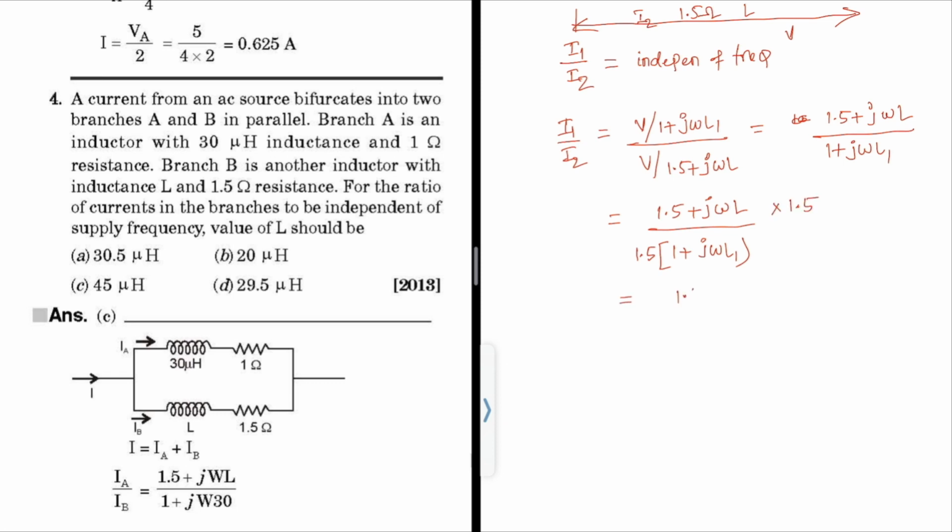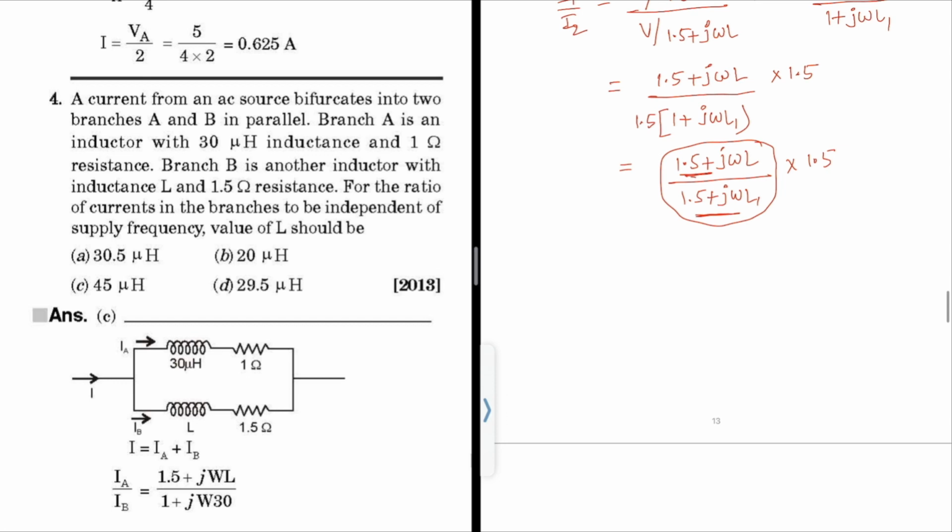If you observe the numerator and denominator, if both cancel, the ratio I1 by I2 equals 1.5, which is independent of omega. So I equate 1.5 plus j omega L to 1.5 plus j omega L1 into 1.5.